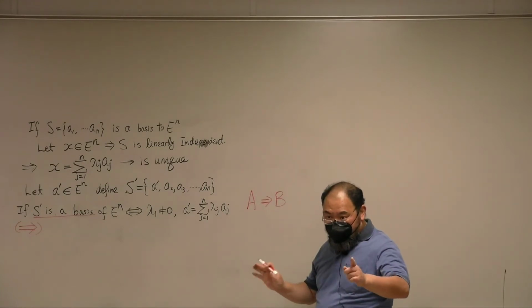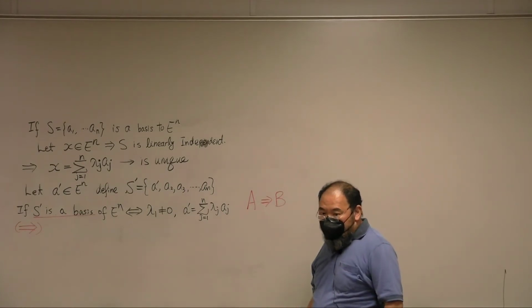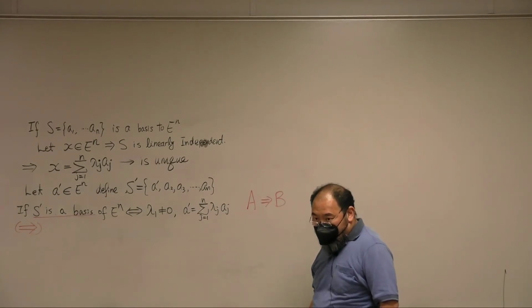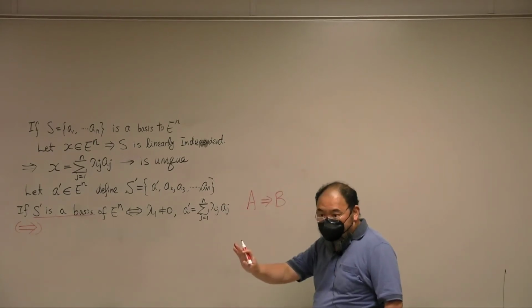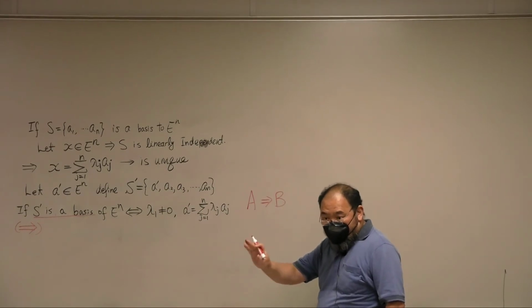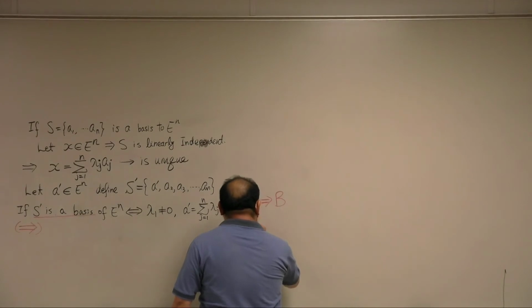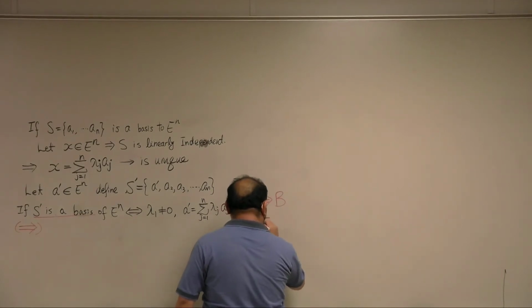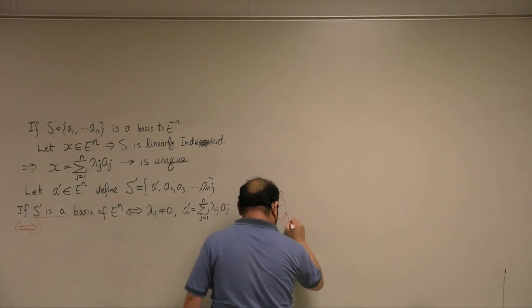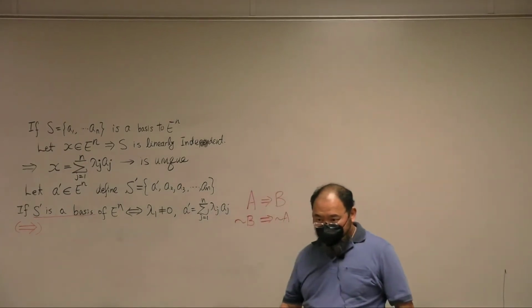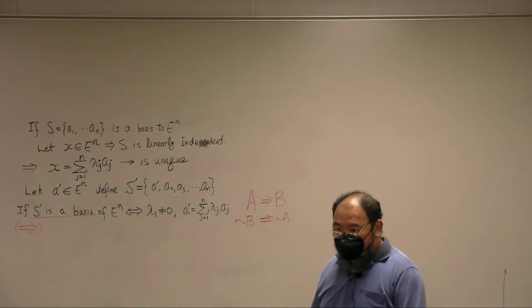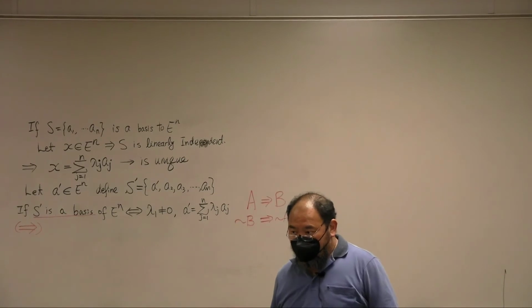I'm trying to prove this, but it's hard to prove. So what do I do? I'm using a contradiction approach. What I'm trying to do is, if B is not true, then A is not true. Everybody okay with me?